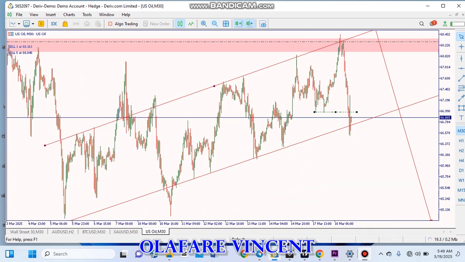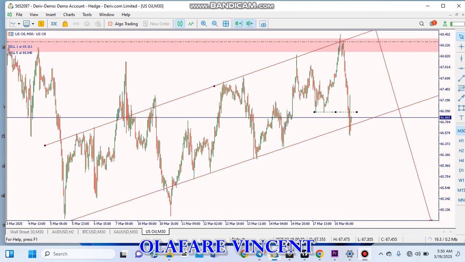So it was that, and when I identified the trend, I drew my support and resistance. I saw that, okay, it's an uptrend, but here we are expecting it to sell off from this point. So I drew my trend line, with the market in a channel, upper channel and lower channel. Then we see the market move up and all.